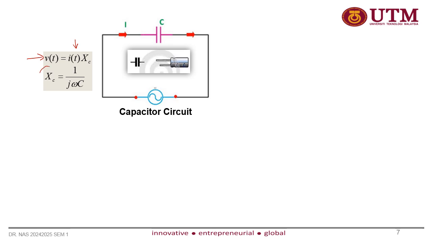The capacitor impedance is equivalent to 1 over j omega C. And in Fourier series, the omega will be different for each harmonic number. For example, the first harmonic is omega 1, and the second harmonic is omega 2. So the value of omega 1 usually is not equal to omega 2, omega 3, and so on.